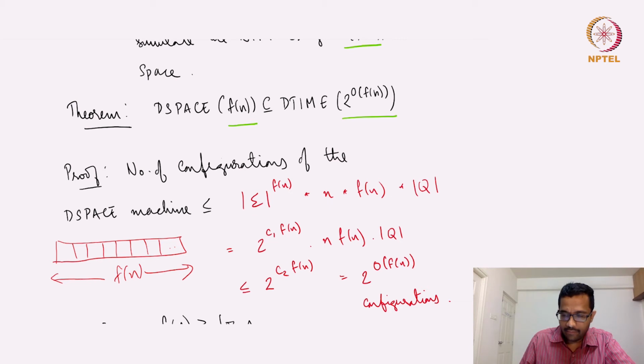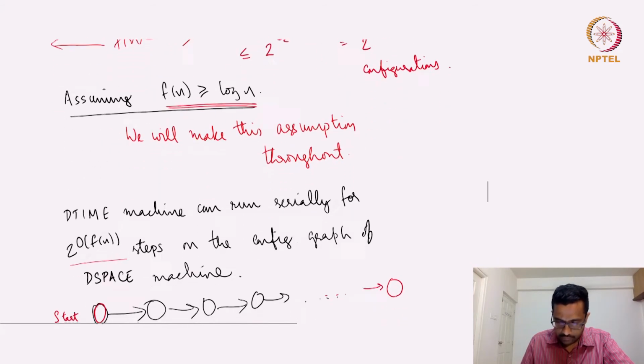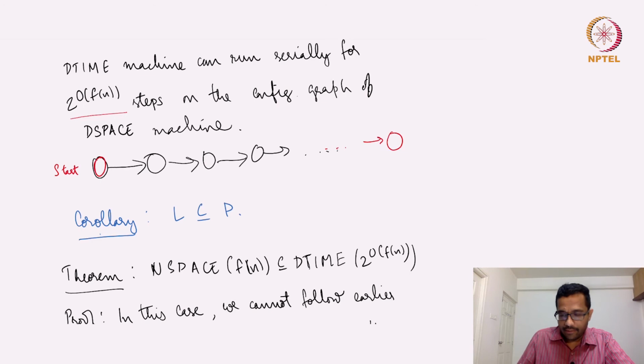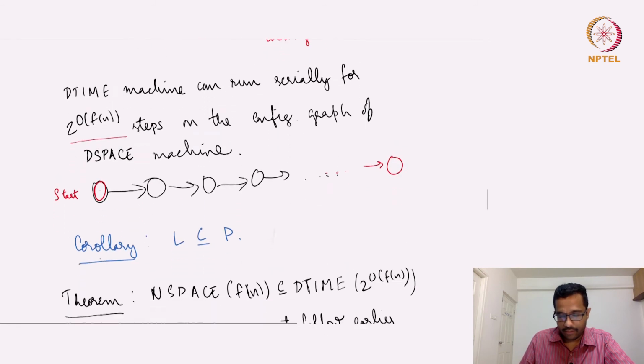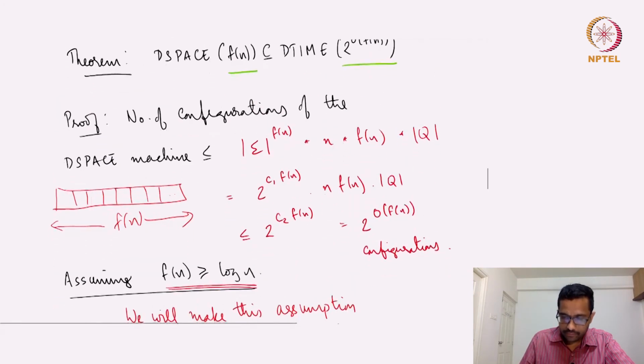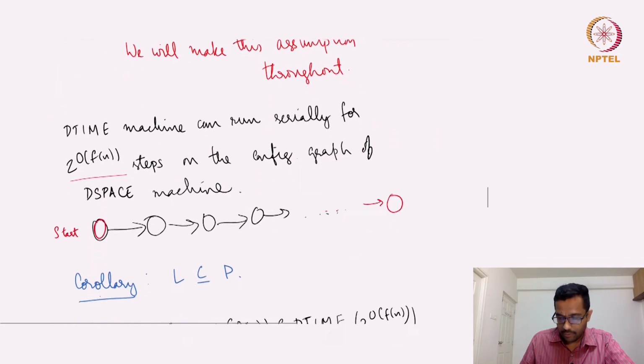Again, when f(n) is at least log n, and we will throughout be making this assumption. Now if we set f(n) to be log n, the left hand side is DSPACE log n, which is log space L, and the right hand side is DTIME 2 power constant times log n, which corresponds to P, right?